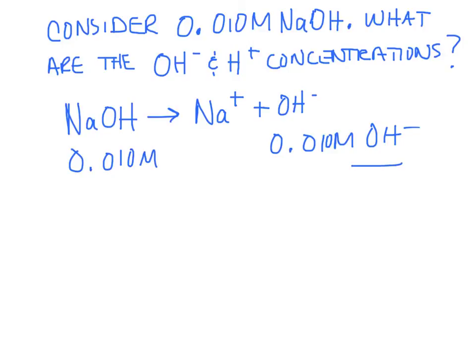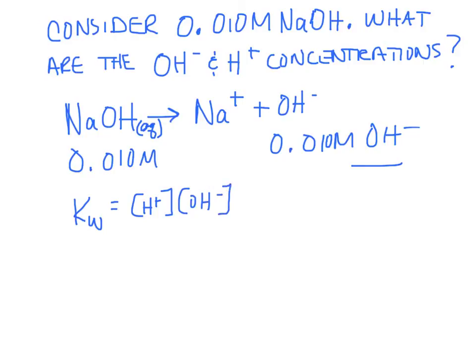Now, to solve for how much hydrogen is in there, because it's aqueous, it is a solution. Consider a sodium hydroxide solution. We can use our Kw to solve for the hydrogen ion concentration.